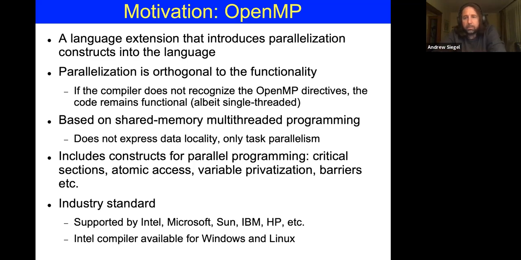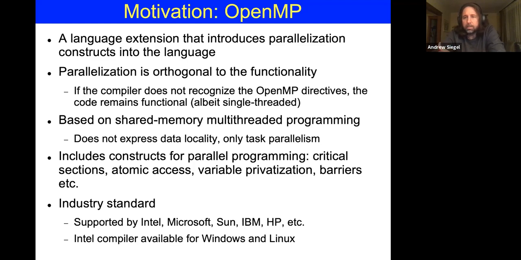It's based, like pthreads, on shared memory multi-threaded programming. You do not express data locality like I was talking about with the NUMA system. You do not say this processing unit should sit near this data because it operates on it preferentially. Instead, you simply talk about which tasks can be done in parallel on different cores, and you think of everything as just a big shared pool of memory that every core can read and write to.